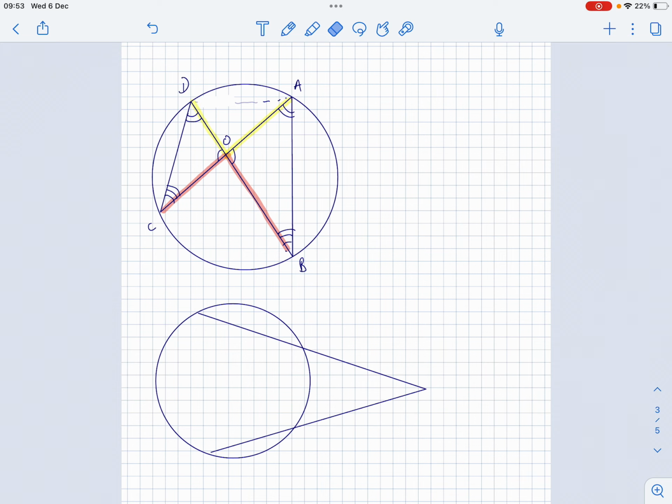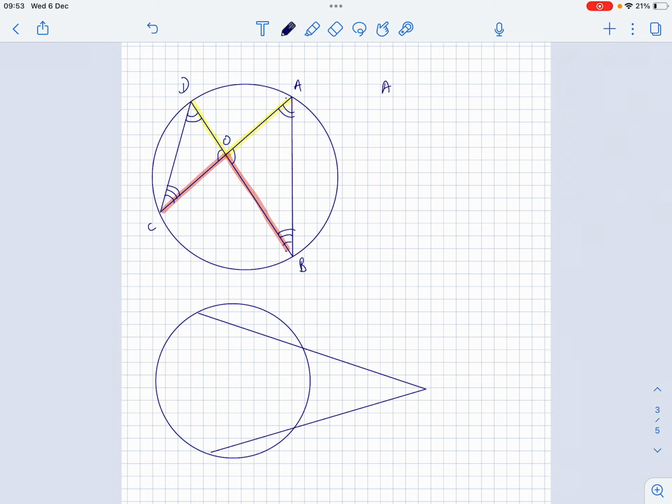Now, I've highlighted the sides that correspond to each other. So this triangle is smaller, OCD. This is the larger of the two triangles, OAB. Because OD and OA lie between the same two angles, I can divide those to find the scale factor.